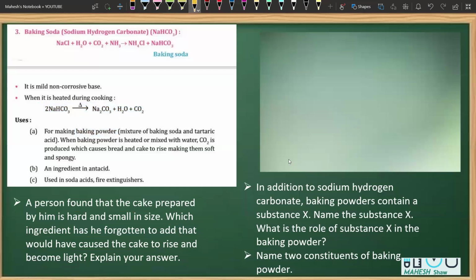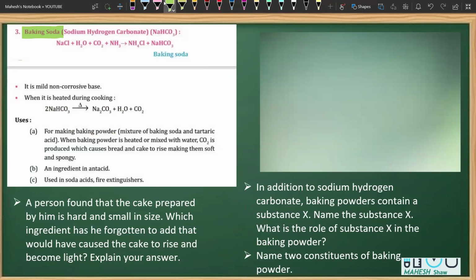Now, in the next question, we have: in addition to sodium hydrogen carbonate, that is sodium bicarbonate, baking powder, we are talking about baking powder, a substance X is added. We have to name that substance and its role in making the baking powder. So what I told you already is that baking soda is a mild base, so it's bitter in taste.